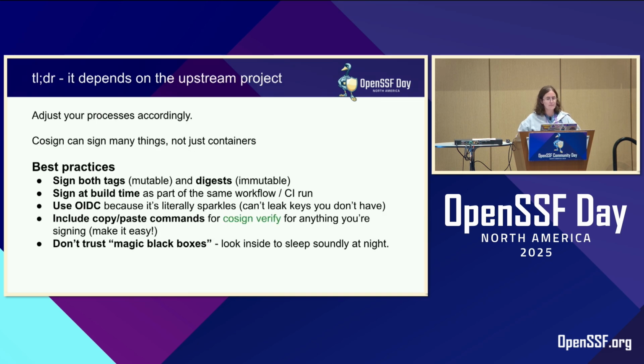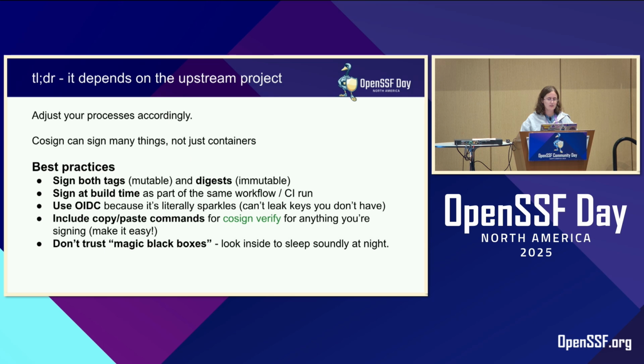TLDR, it depends on the upstream project. Adjust your processes accordingly. If I had one ask, most users that I work with do not understand what Sigstore is at all. So having that copy-paste command for cosign verify, even if you're not explaining in depth what Sigstore is, what it's doing, where it fits in your threat model, that's the same thing as giving someone a copy-paste, curl the SHA sum and pipe it to the command to generate the SHA of that artifact.